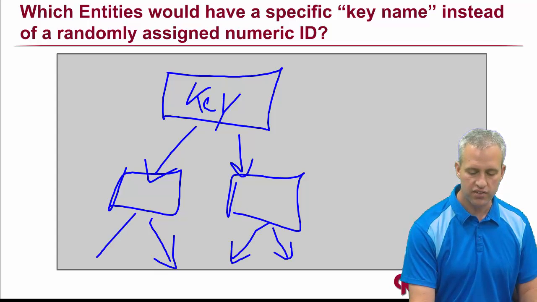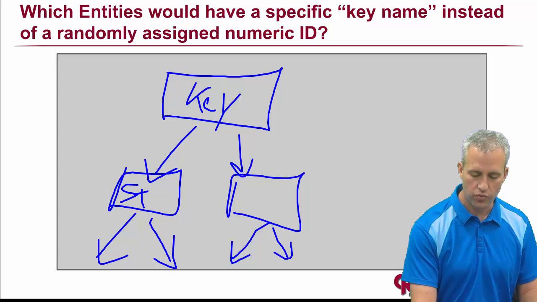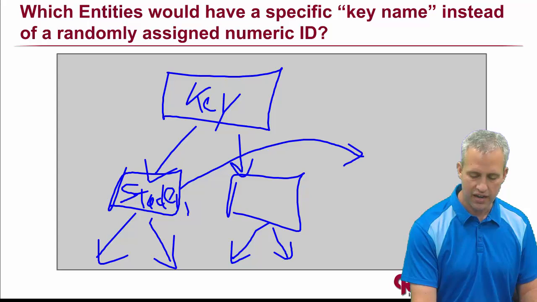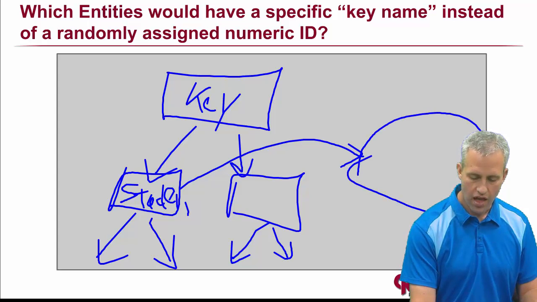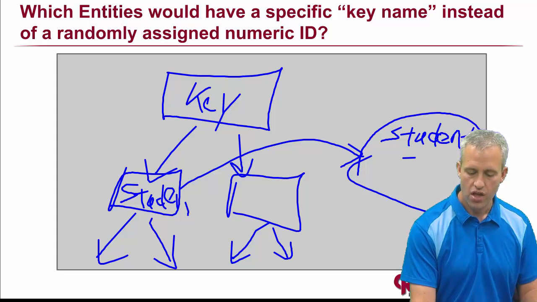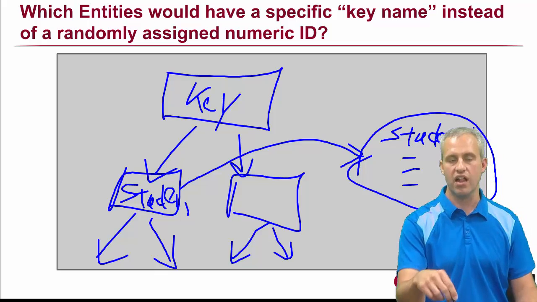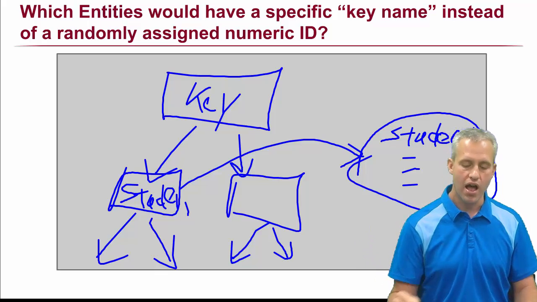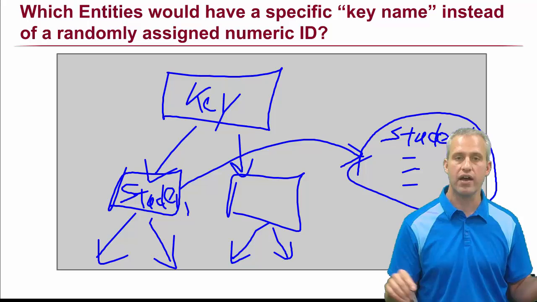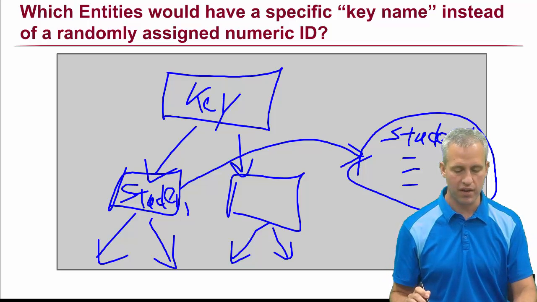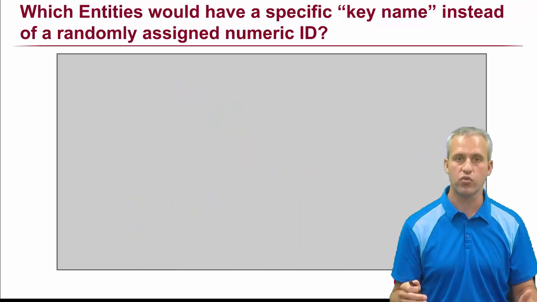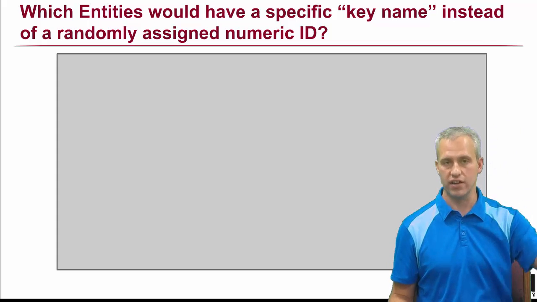How are you going to set this thing up? Let's say that there's a student one, right? Each of these would point to an entity. And then the entity for, say, a student would have different properties associated with it. It doesn't have to be in these slides, right? Just get out a sheet of paper, make yourself a little UML diagram to think about the data that's going to be in here. And we're going to answer this question in later videos, right?